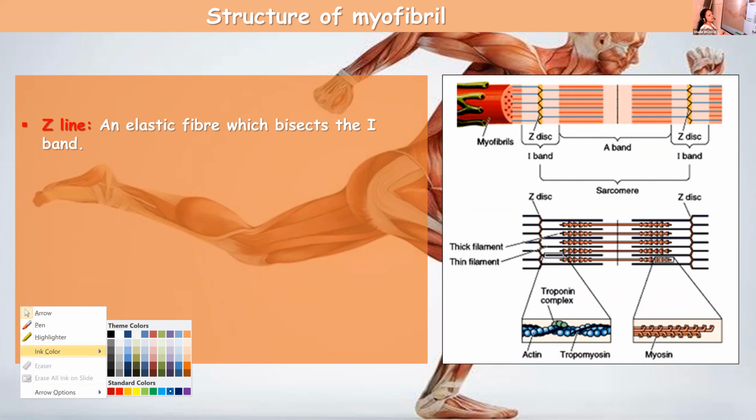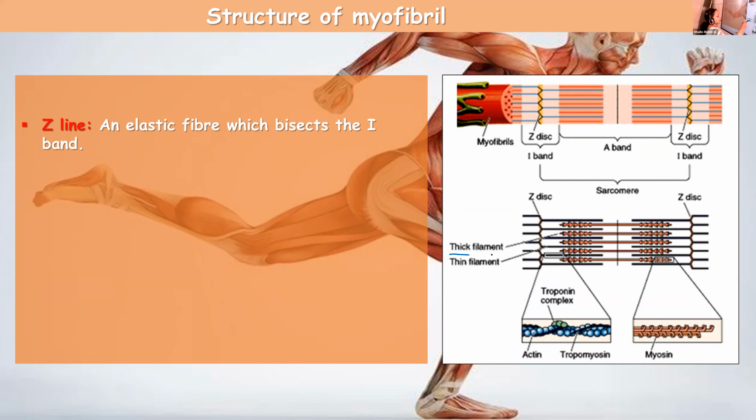Here you can find the thick filaments, in light orange or peach color. Those are the thick filaments made up of myosin. Then the black ones are the thin filaments. From this picture you will get an idea how the thick and thin filaments are arranged. And here also you can see the I band, then the A band.